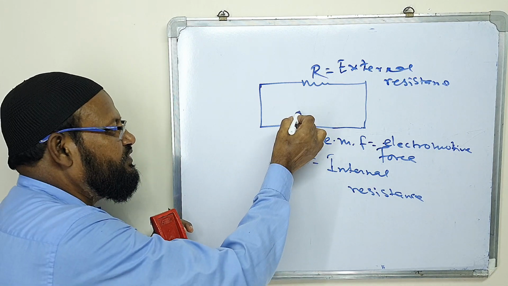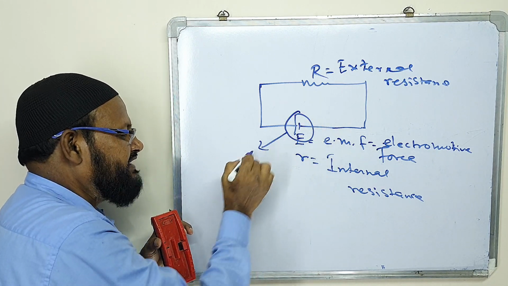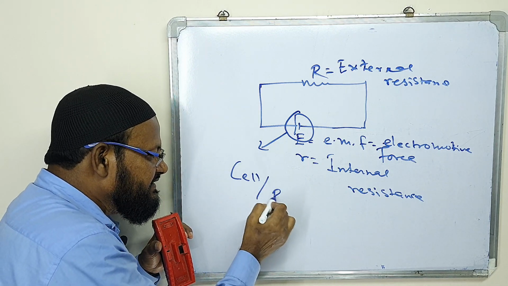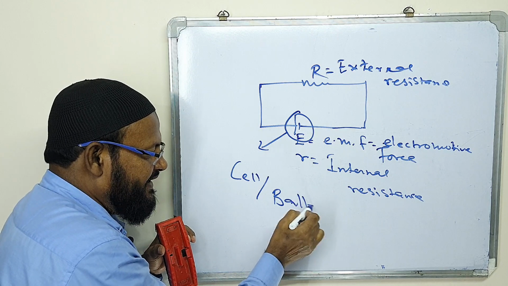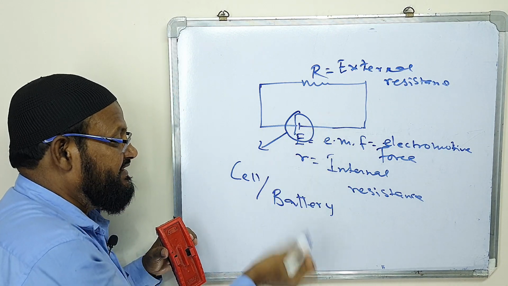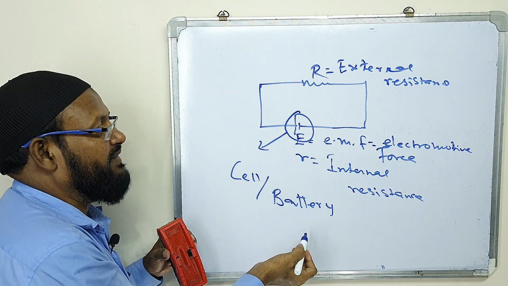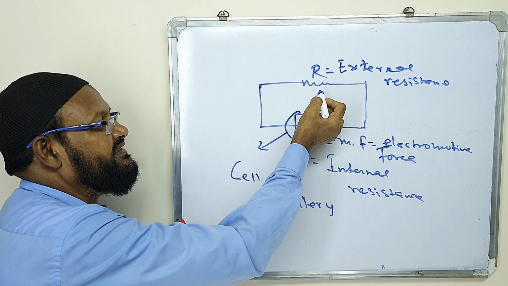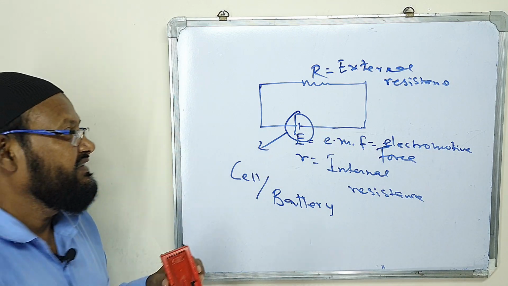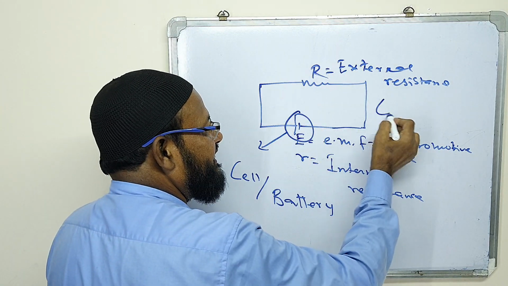In a simple case it is a cell; in a bigger case, sir, it is a battery. This r is inside the cell or battery, and R is outside the cell, therefore external. This whole thing is the circuit.